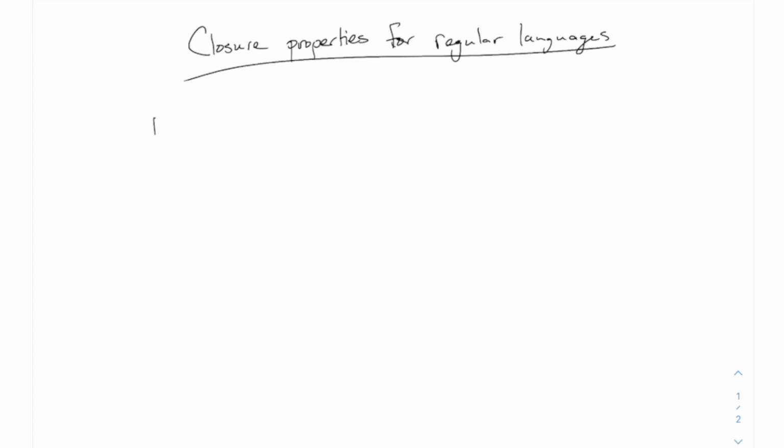It says, if L is a regular language, and remember what that means is it is the language accepted by a DFA, right? And what we talked about at the end last time was if L is a regular language, then L bar, the complement, is also a regular language.